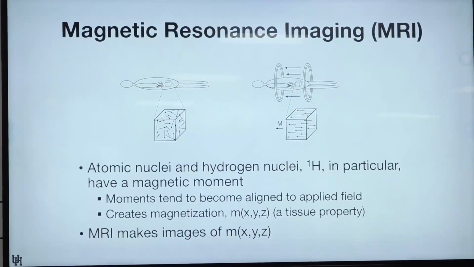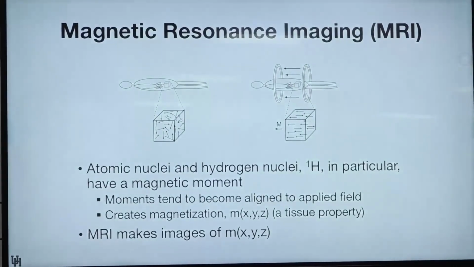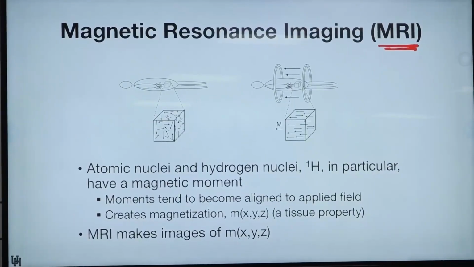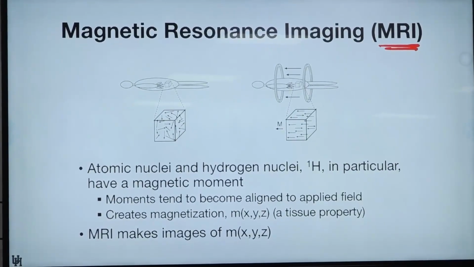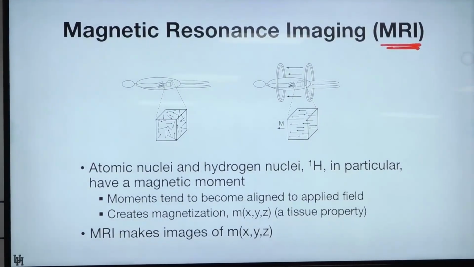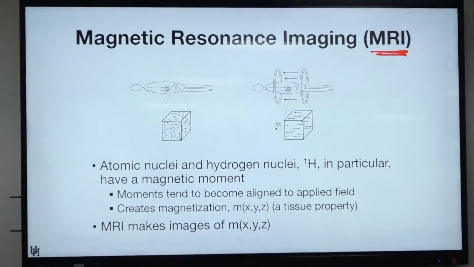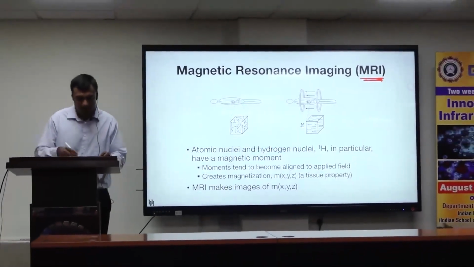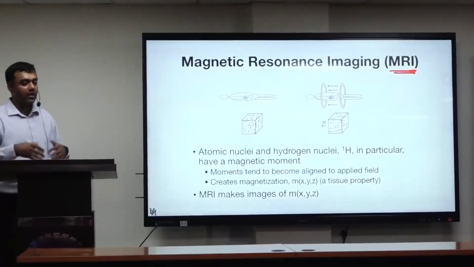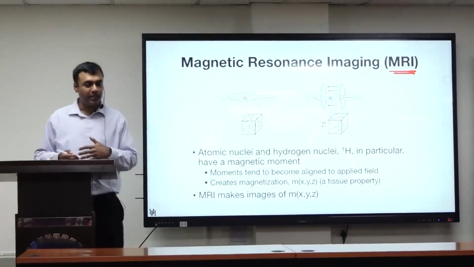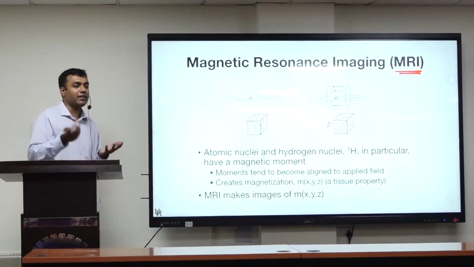Okay. So the next imaging method I wanted to discuss was MRI, or magnetic resonance imaging. It uses another kind of approach. It uses basically magnets. The nucleus of an atom has a spin, and the spin results in a magnetic field.